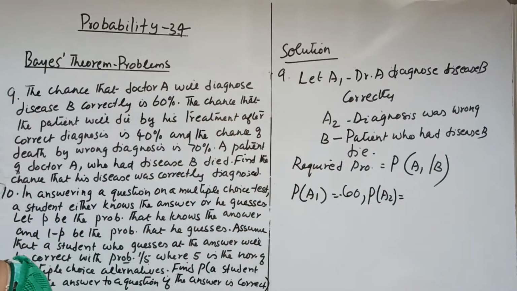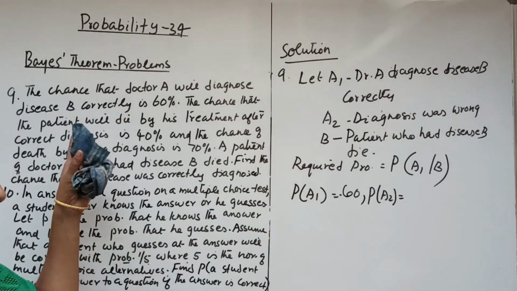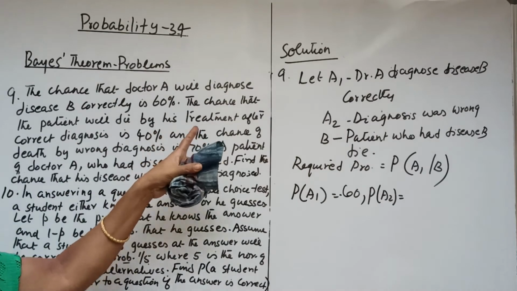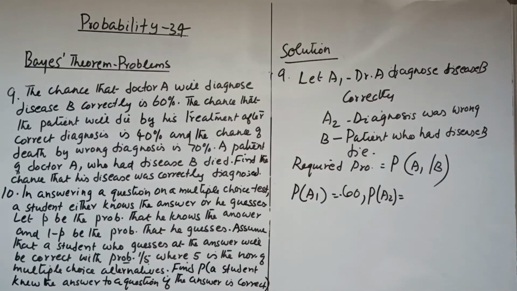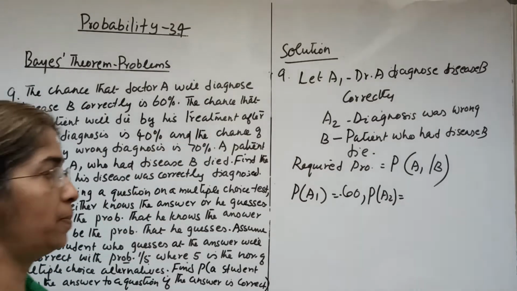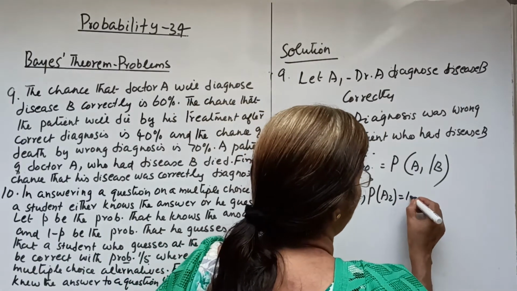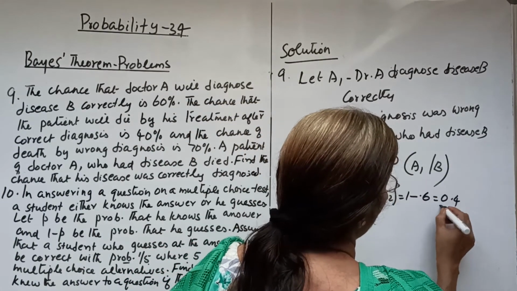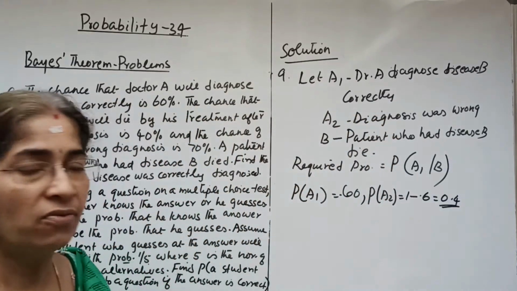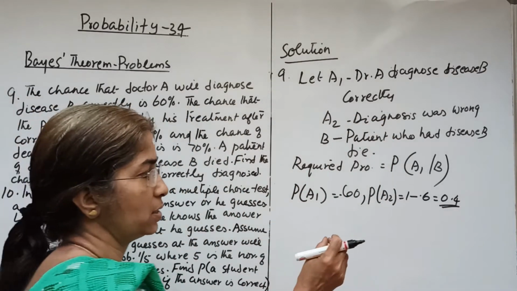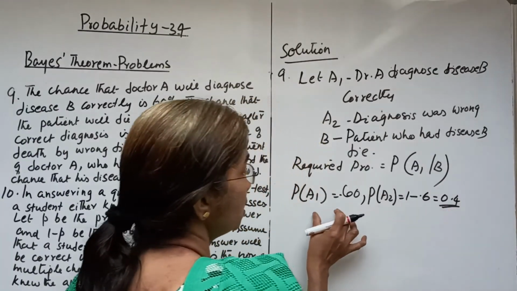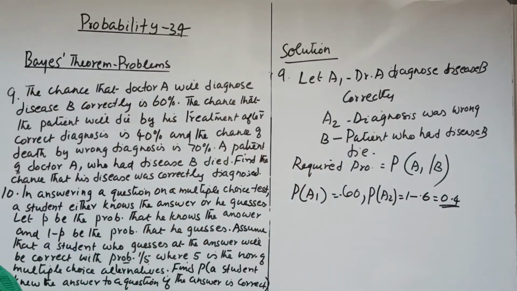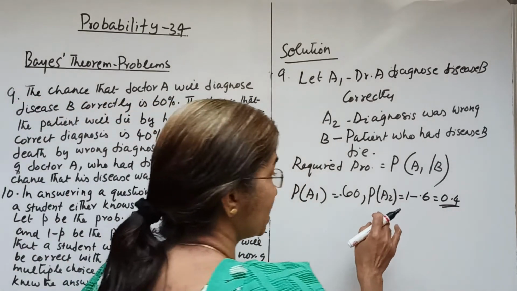This statement is not given in the problem, but we can write this probability as 1 minus 0.6, which equals 0.4. P of A2 we directly write as 0.4, since these events are mutually exclusive and exhaustive.